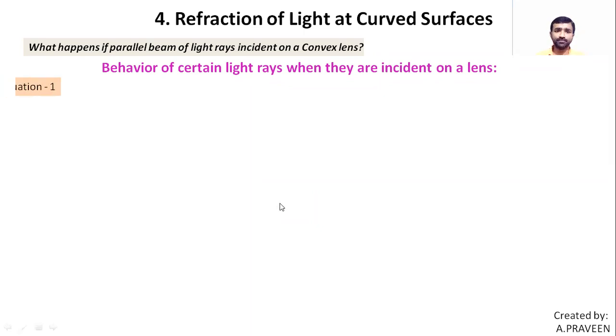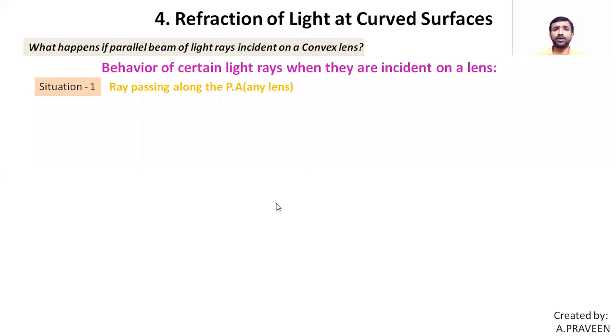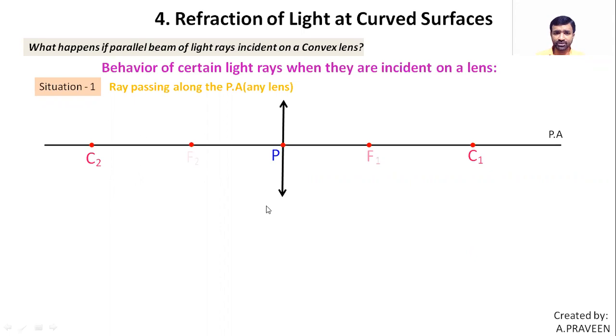Look at situation one: a ray passing along the principal axis of any lens. After refraction, it remains undeviated. See here, the blue light ray is taken along the principal axis.